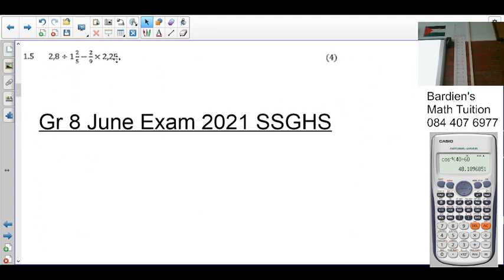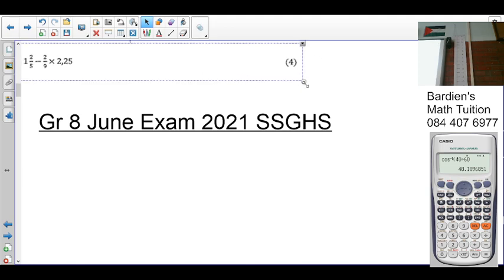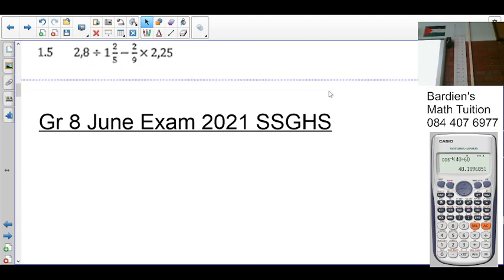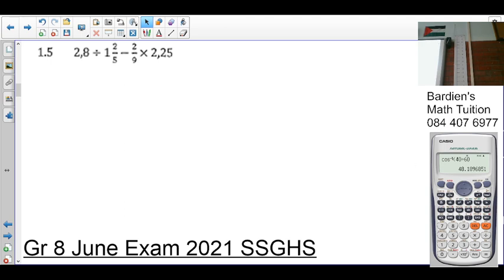Okay, the next one, 1.5. So you've got 2.8 divided by 1 and 2 over 5 minus 2 over 9 times 2.25. So 2.8 can be written as 28 over 10, divided by, I'm going to change this.